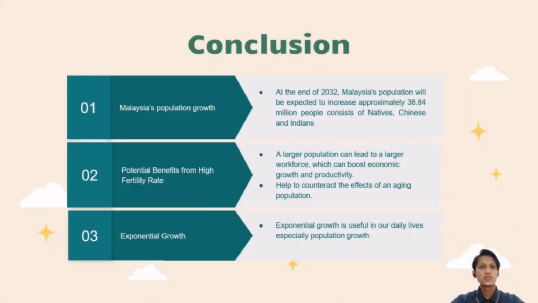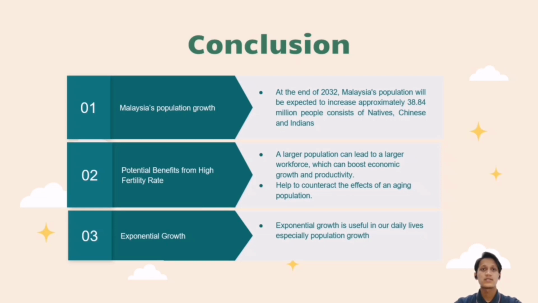For conclusion, to sum up, for Malaysia's population growth, at the end of 2032, Malaysia's population is expected to increase to approximately 38.84 million people, consisting of natives, Chinese and Indians. Then there are potential benefits that a high fertility rate can bring to a country.